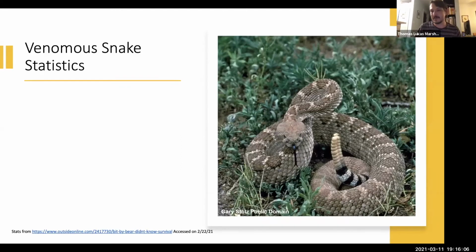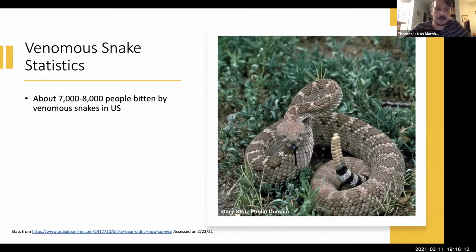To continue to alleviate your fears about snakes, there are some snake bite statistics that are encouraging. About 7,000 to 8,000 people are bitten by venomous snakes in the US annually.